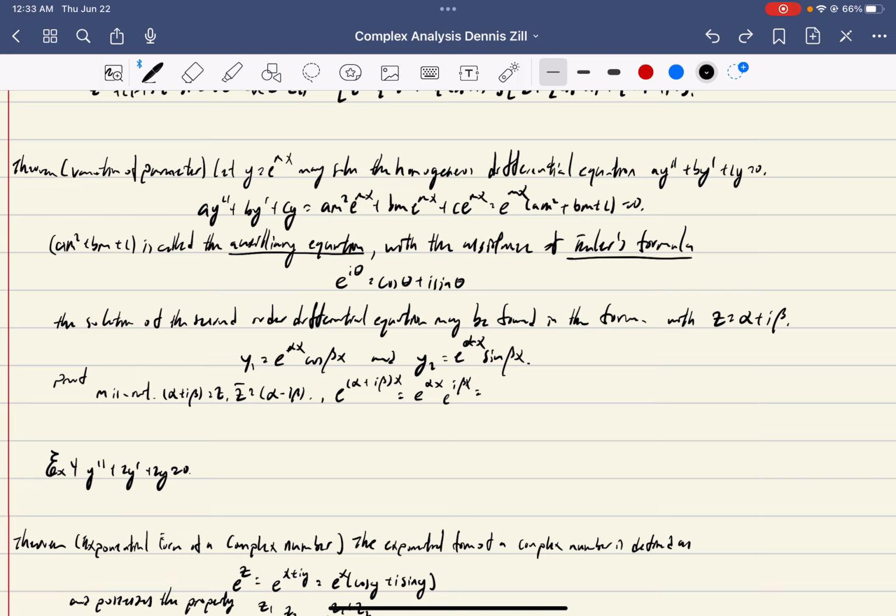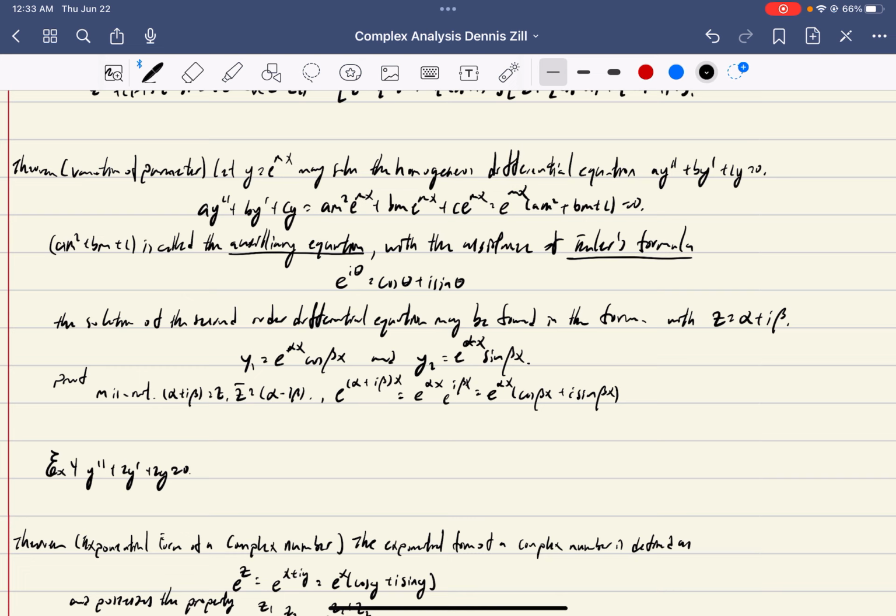How about we make a substitution? Let beta x equal u, or theta, now we can use Euler's formula. So you can write it like this: cosine of beta x, and then it's just sine of beta x, right?